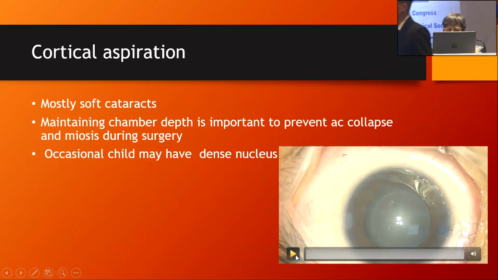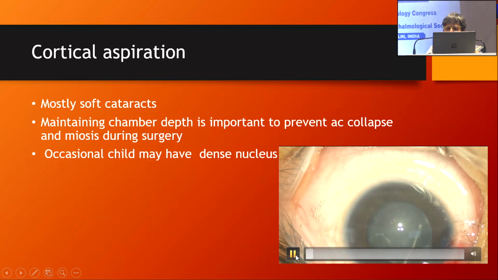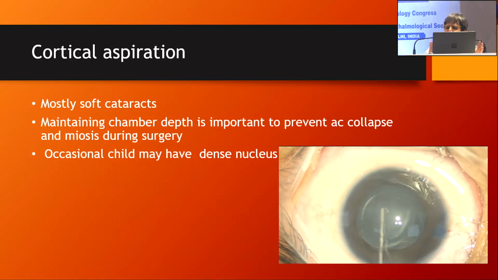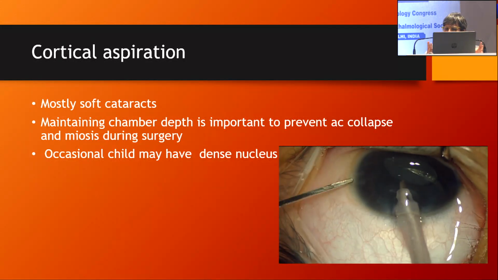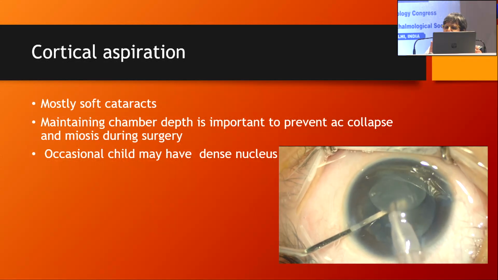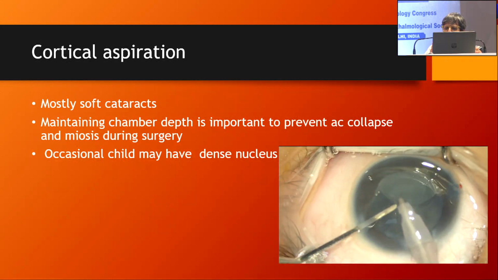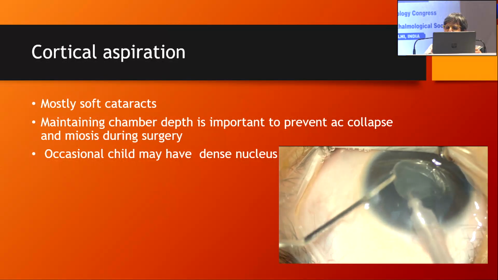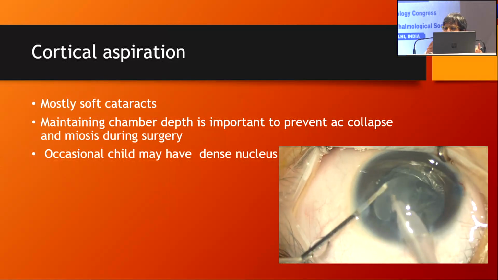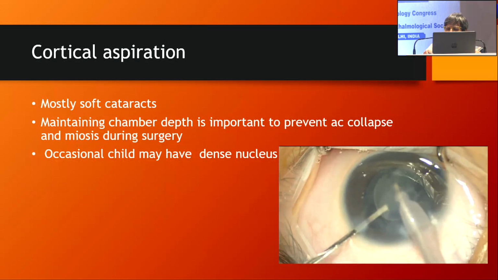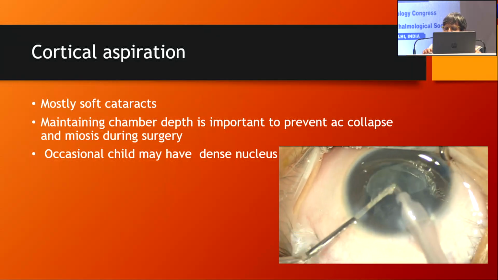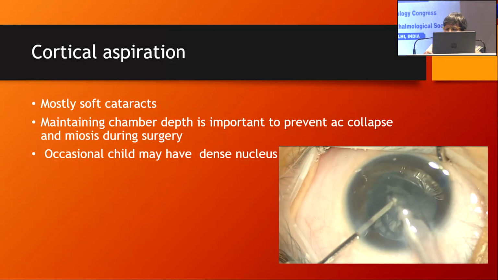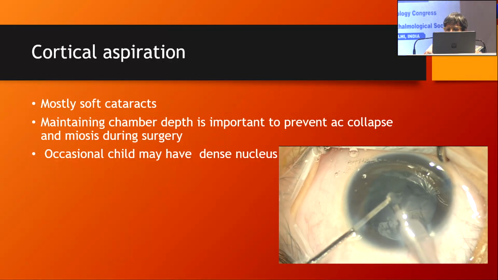If you see a densely formed nucleus like this, this is an 8-month-old baby, but you can see it's almost like a soft adult nucleus, and I had to actually use a phaco probe because of its wider bore, and still I struggled with this because some of these you may be surprised by the density of the nucleus. So you have to be prepared and keep your phaco probe tuned and ready if you need to use it.